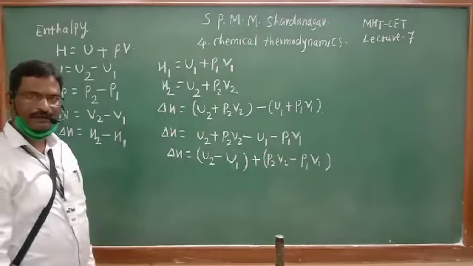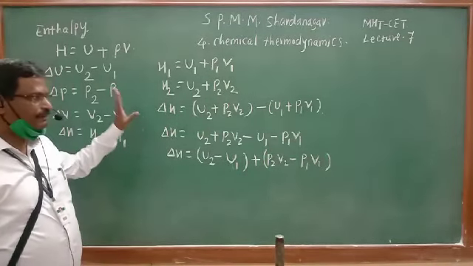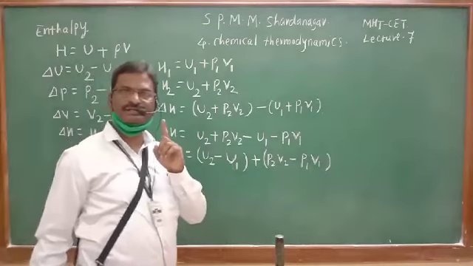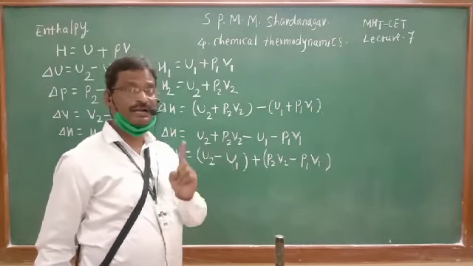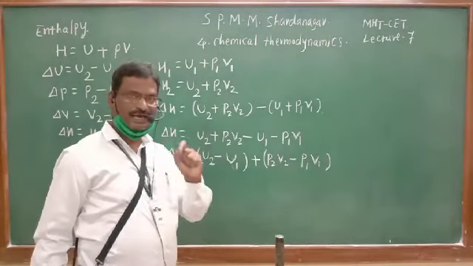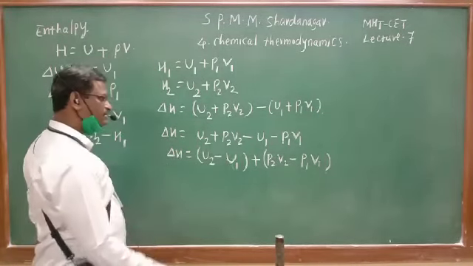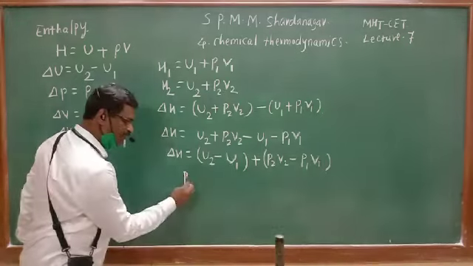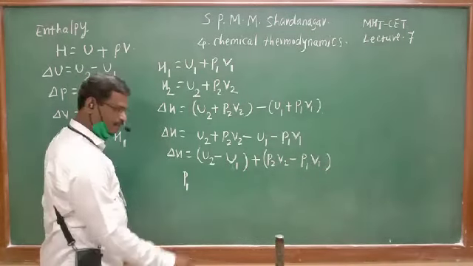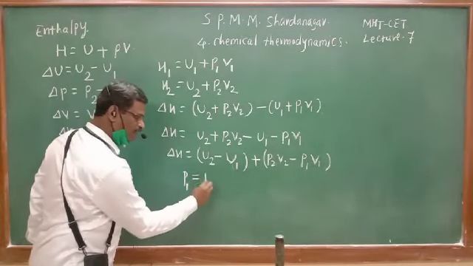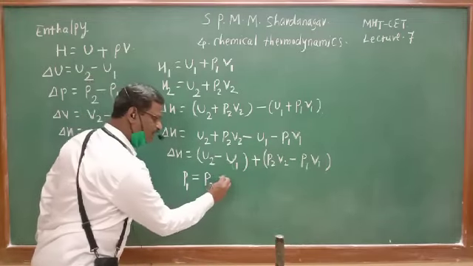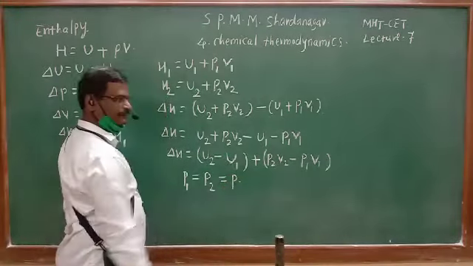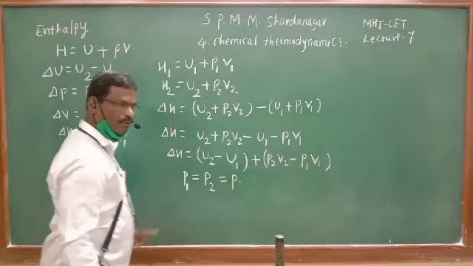Now I have told here that the chemical reactions are carried out at constant pressure, not at constant volume. The reactions are carried out at constant pressure. Therefore, pressure in the initial state of the system P1 is equal to pressure in the final state of the system P2, or let us consider that it is equal to P. So what does this equation now become?